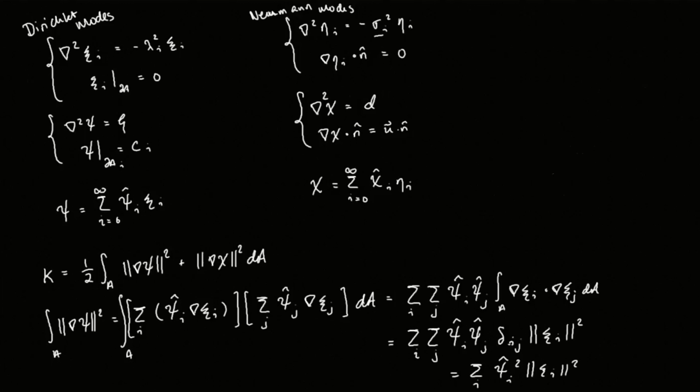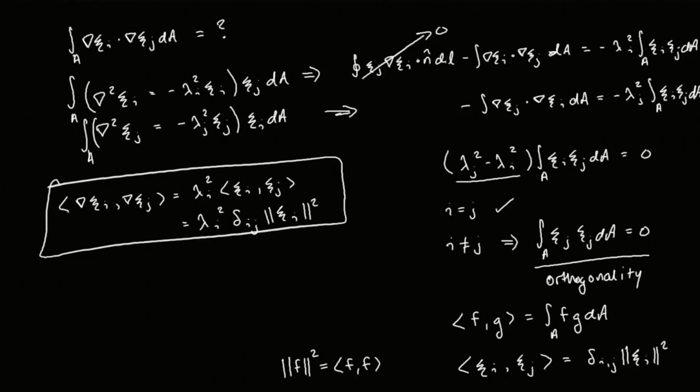Okay. We're going to assume that the basis functions are normalized, which means that the psi I magnitudes are 1, and the eta I magnitudes are 1. Right, so then this just becomes, oh, I left out a term here. My lambda I squared.